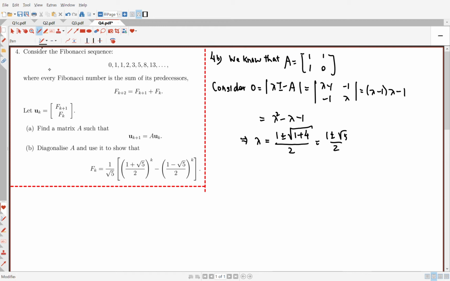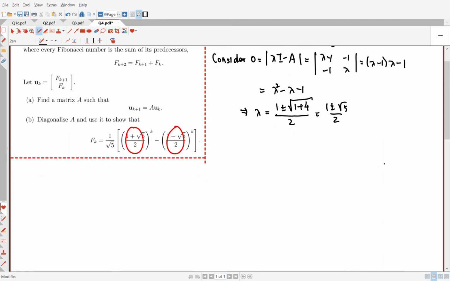And this number appears here. Okay, so it should be correct. We should be on the right track. Then we try to find the eigenvectors.